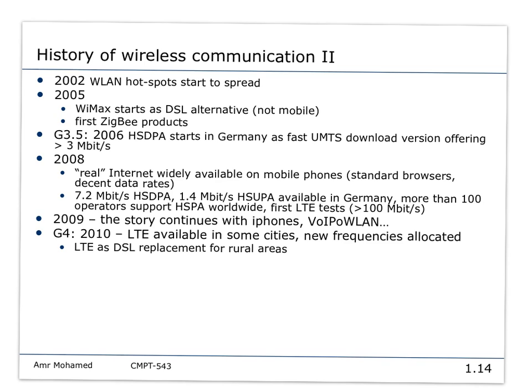So WiMAX has lost ground completely to LTE, because LTE has all the features of WiMAX and even more, and it's compatible with GSM, which already dominated the market. So all the GSM devices can use LTE, okay?